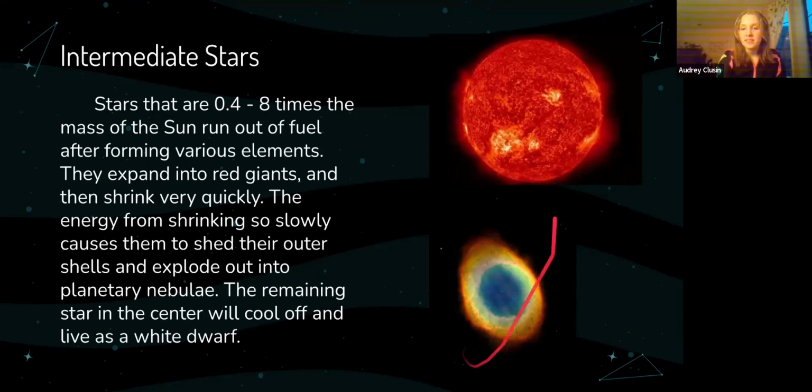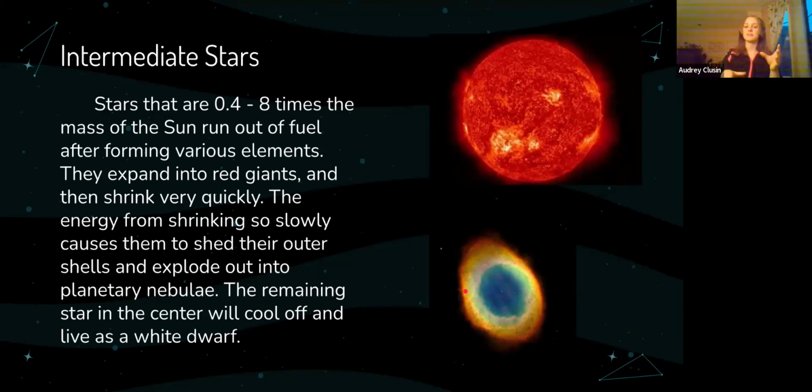So this really pretty thing, okay, I didn't include any more pictures, but these kinds of intermediate stars explode into planetary nebulae with a white dwarf at their center. And these planetary nebulae end up expanding and forming more stars. It's not called a planetary nebula because it has a planet in it.